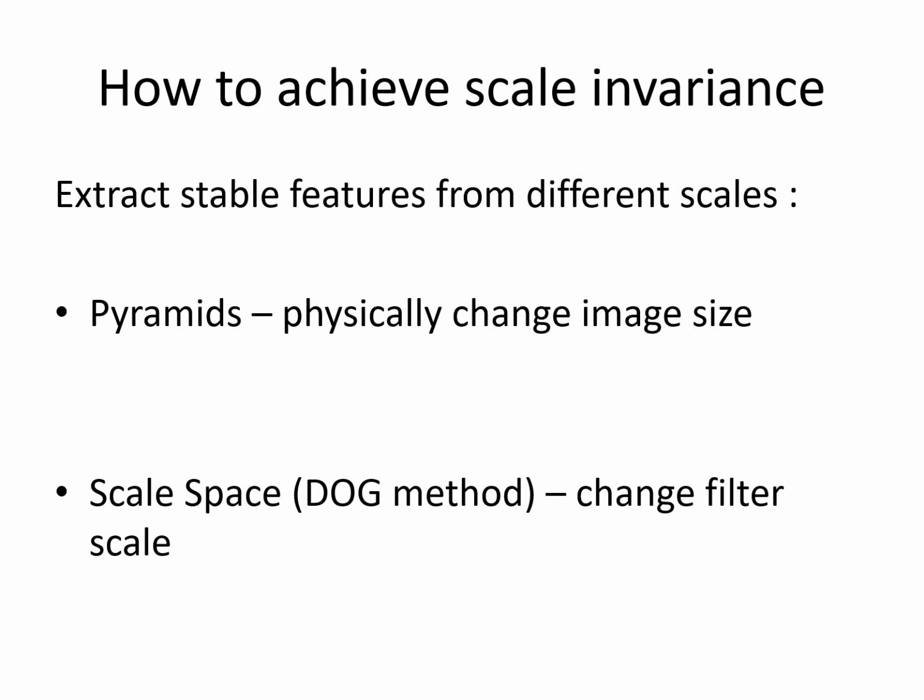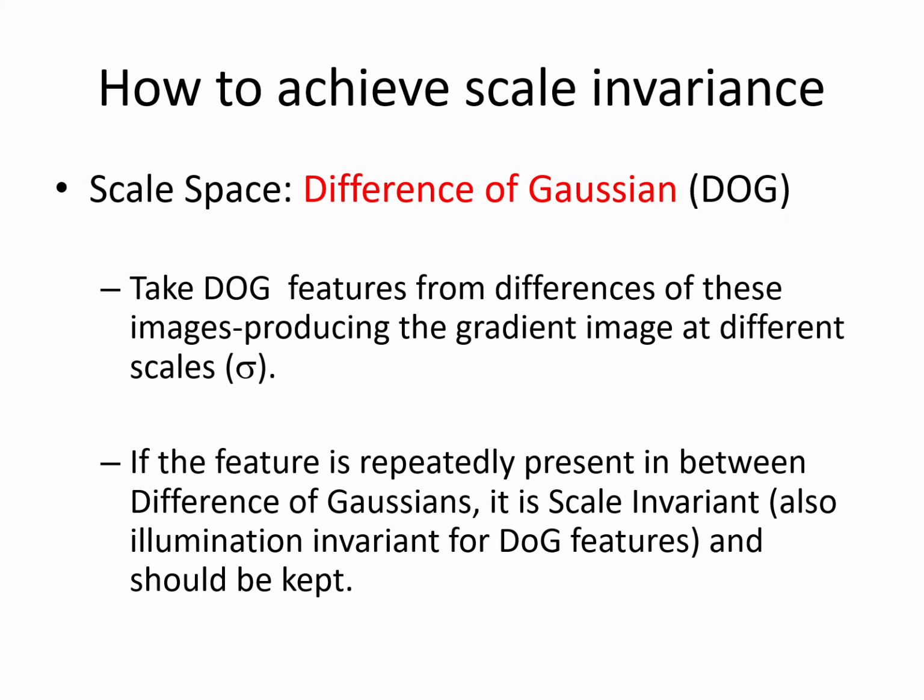The next one is scale space that has the DoG method. We change the filter scale. DoG means difference of Gaussian in scale space. We take these DoG features from the difference of these images, producing the gradient at different scale sigma.